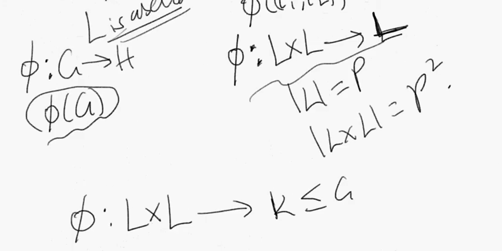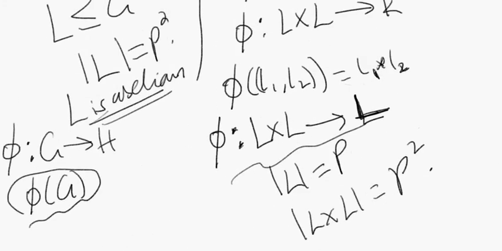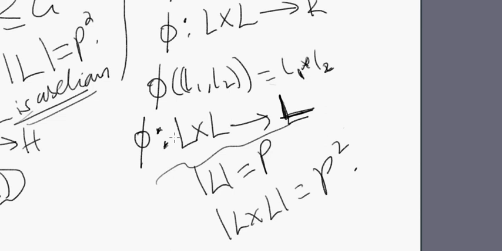We took a map phi from L cross L. We said if L is abelian, then if we define phi of L1, L2 to be L1 times L2, well, that's going to give us a homomorphism.